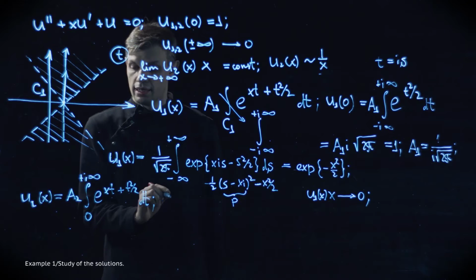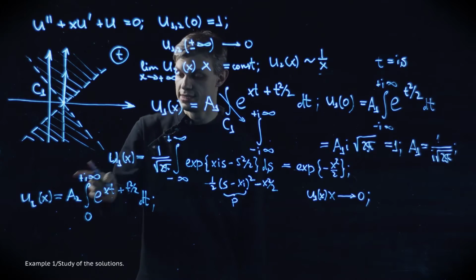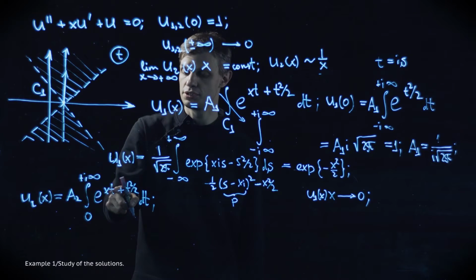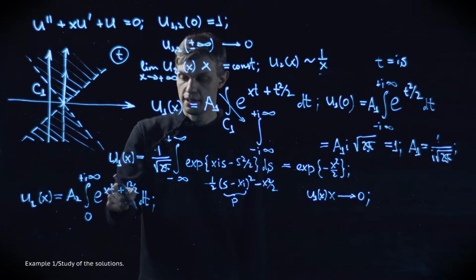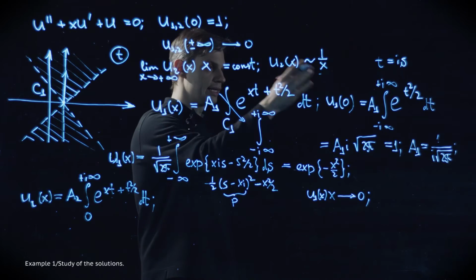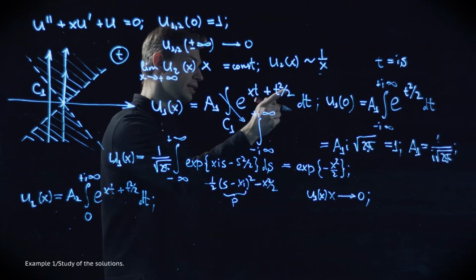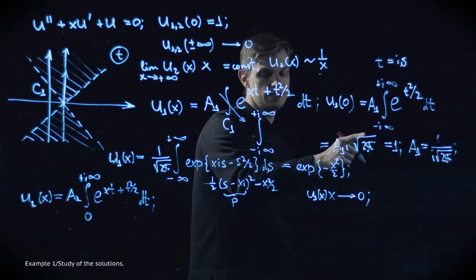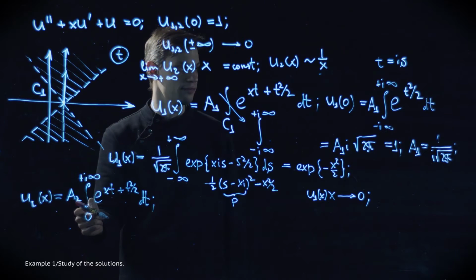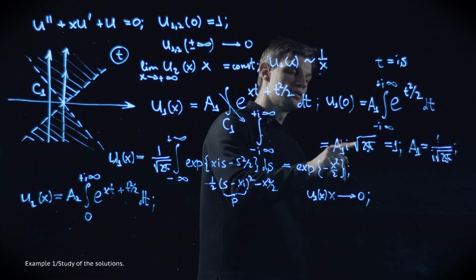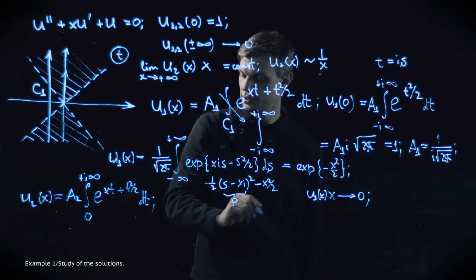Okay, so again, let's normalize our solution. So let's fix our constant a2. If x is equal to 0, then again, we are dealing with the same kind of Gaussian integral which we encountered before. But before, it was taken from minus i infinity. Now, just half of it, because it's taken from 0. So the answer would be square root of pi over 2, all right?